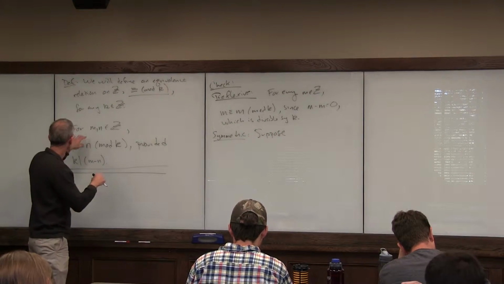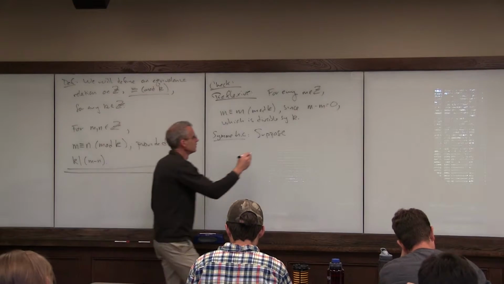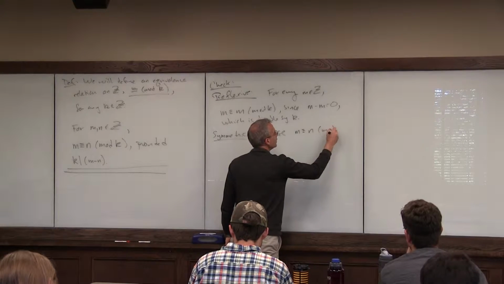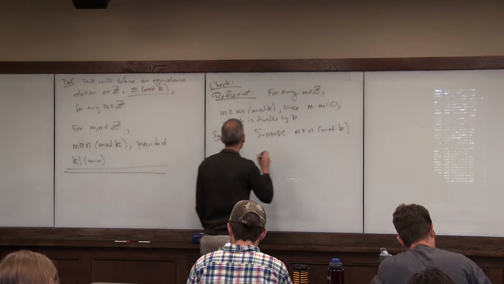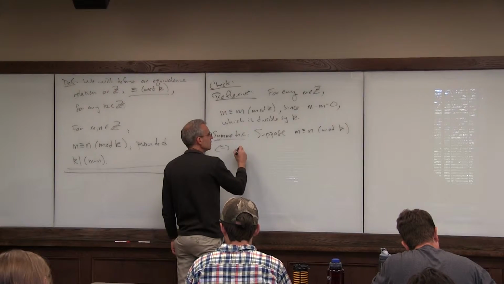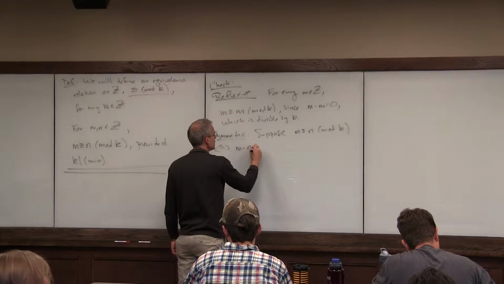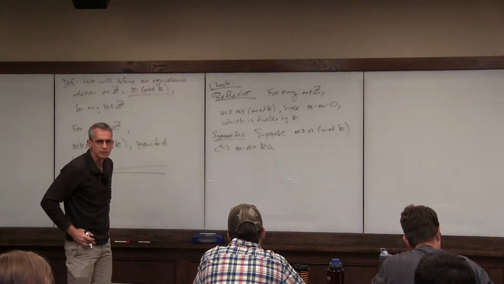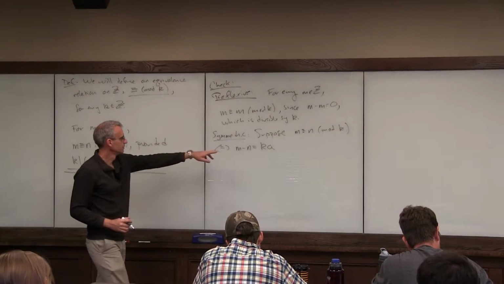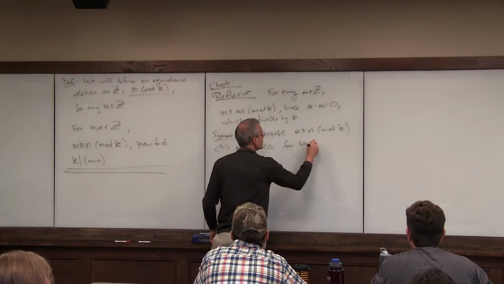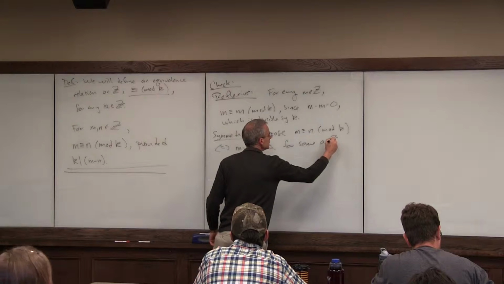Suppose m is equivalent to n mod k, and then we just write out what that means. That means that m minus n equals ka, so I'm writing out what it means to be divisible by k, for some a, an element of Z.